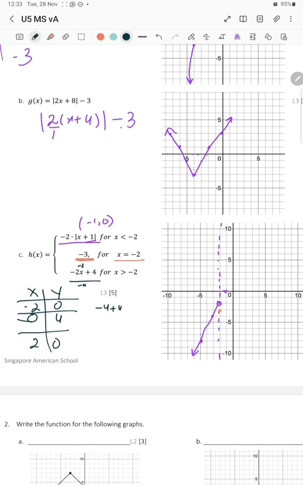At -2, it would be 0, and this point is not included. At 0, it's going to be 4. At 2, it's going to be 0. This is the graph.